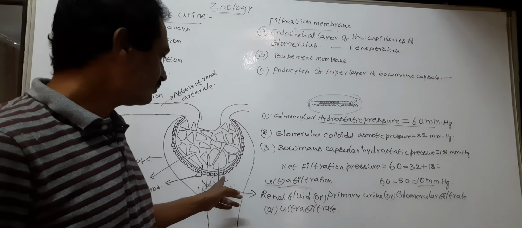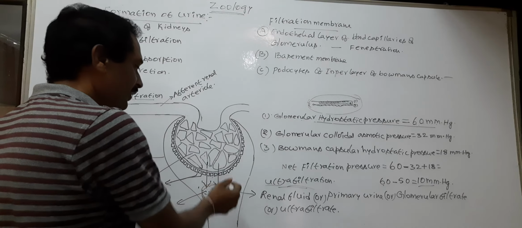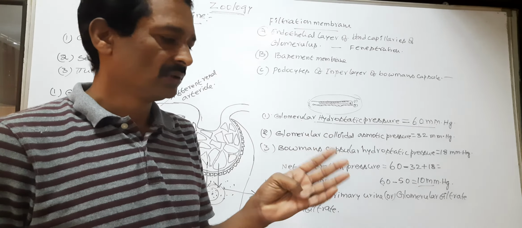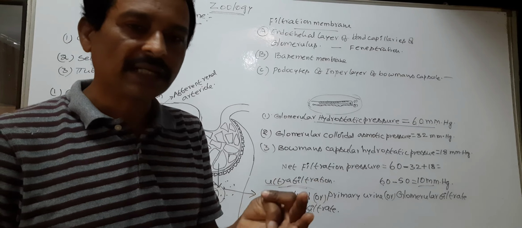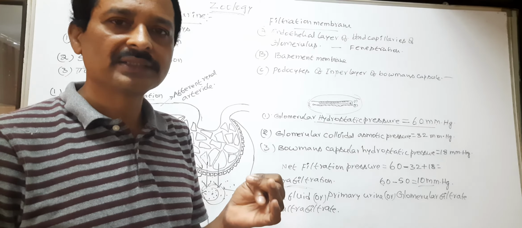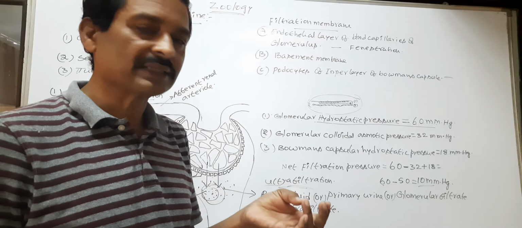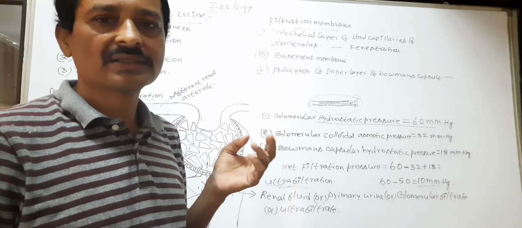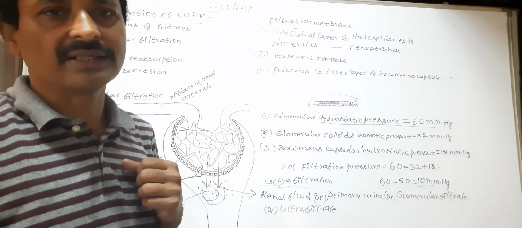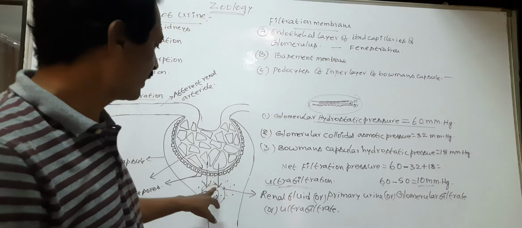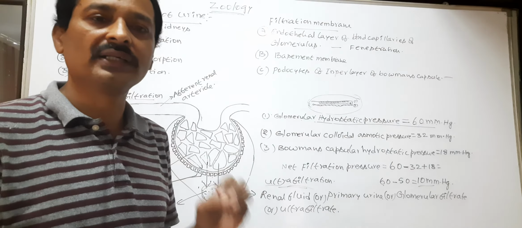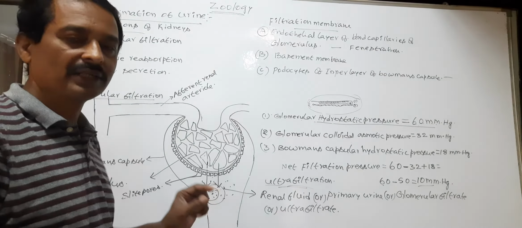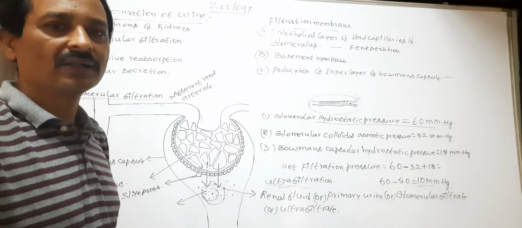So the primary urine contains glucose, enzymes, amino acids, fatty acids, vitamins, mineral salts, water, etc. Almost all the constituents of the plasma except large sized plasma proteins.